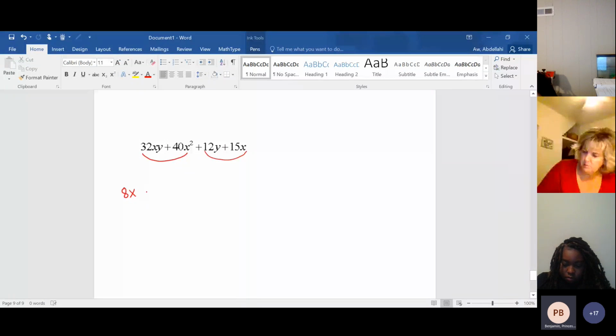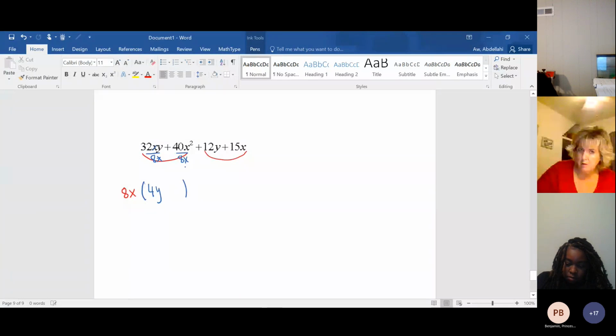So now you open up your parentheses, what do you get inside? 4y plus 5x. Exactly, because 32xy, 32 divided by 8 is 4, the x cancels out, and we have y left. And 40 divided by 8 is 5, and x squared divided by x is x. 4y plus 5x. Thank you.